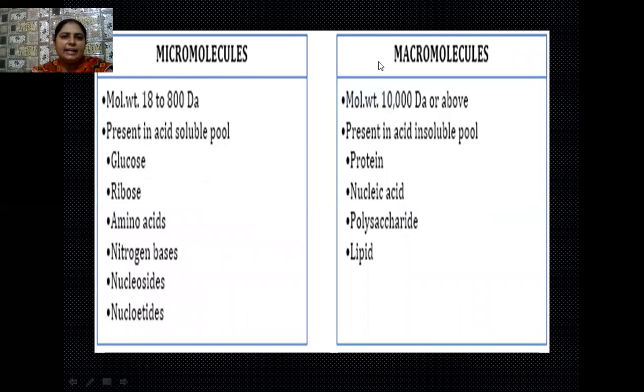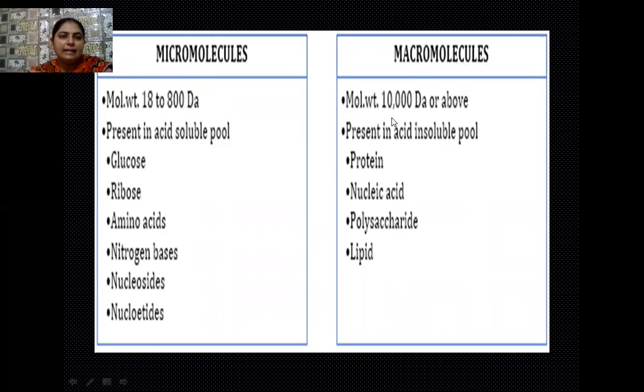Okay, students, here I have differentiated the micromolecules from the biomacromolecules. See here, the molecular weight of biomicromolecules ranges between 18 to 800 daltons, and the weight of the biomacromolecules is above 10,000 daltons.